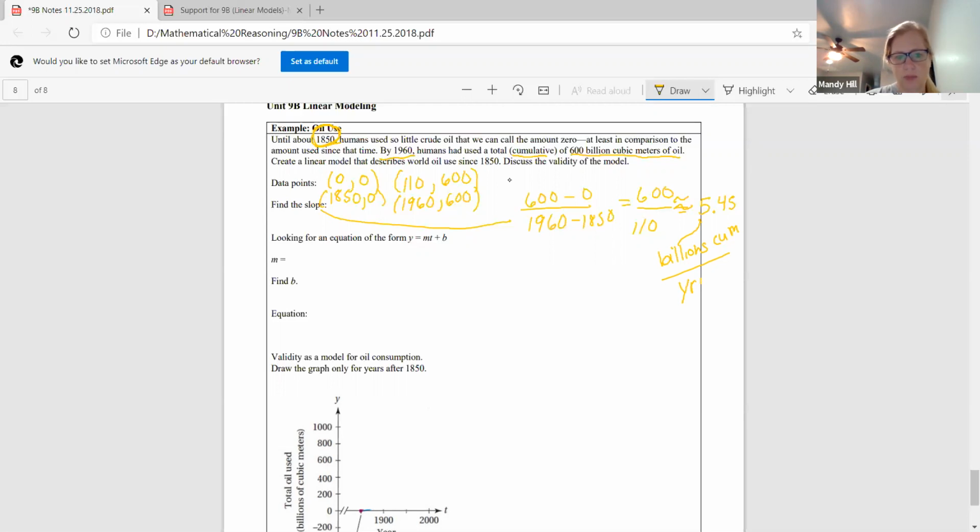We found m is approximately 5.45 billions of cubic meters of oil per year. b is our starting point, and they said that we basically didn't use any in 1850. So our equation would be y equals 5.45 billions of cubic meters of oil every year plus 0, because our starting point came out with nothing.